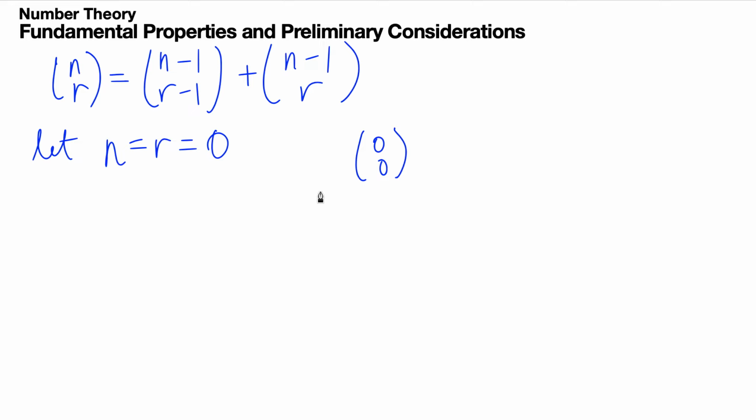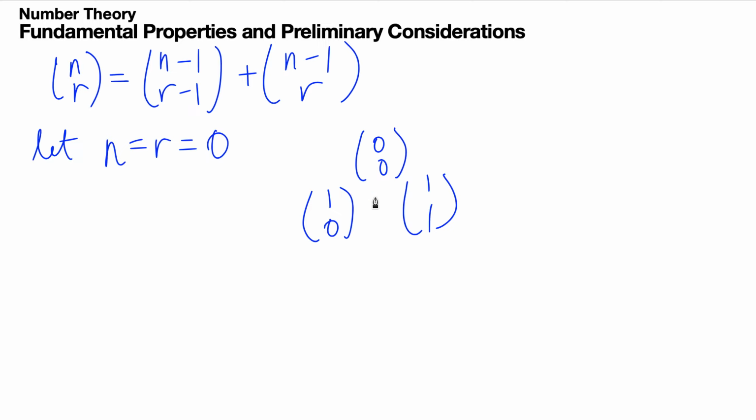How about if we add 1 there? That will give us the n, right? If this is your n minus 1, this will become 1, this will become 1. In the second term below, this one is r, this one is r minus 1. So if this is r minus 1, we put 0 here, and if this is r, we put 1 here.